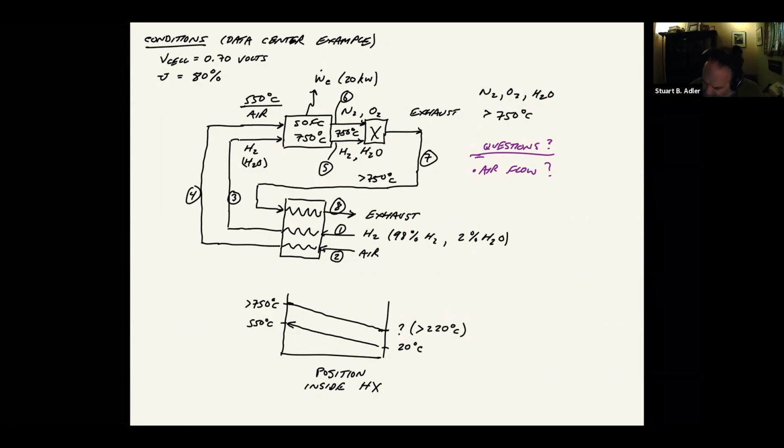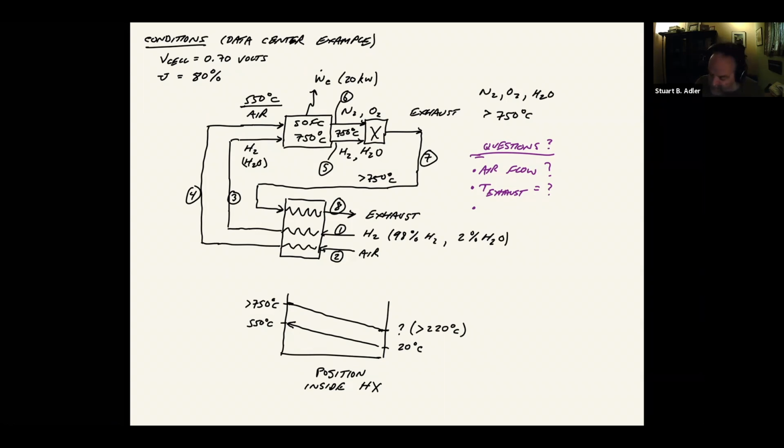So I'm going to add this to our growing list of questions. We need to figure out how much airflow we need to keep the stack cool. We now have a new question, which is, what's the exhaust temperature? Then we can start asking questions like, what are the temperature profiles in the heat exchanger?